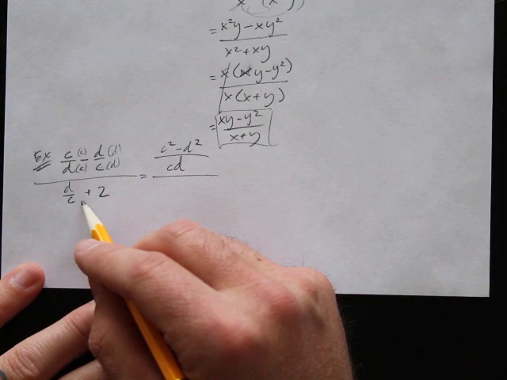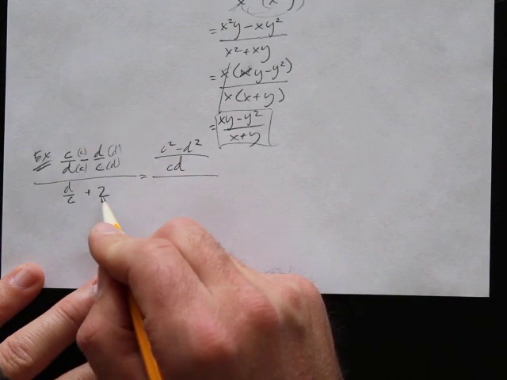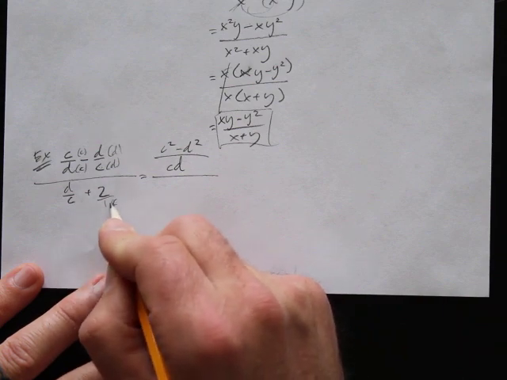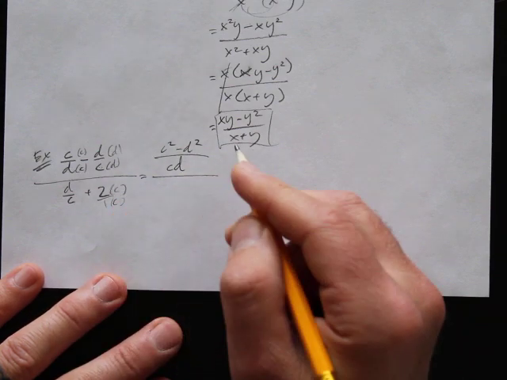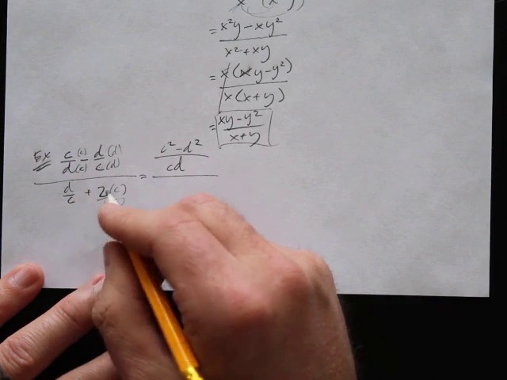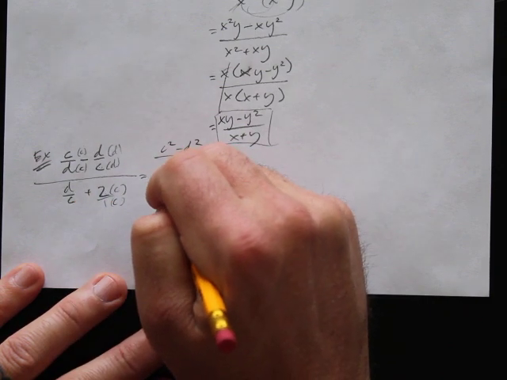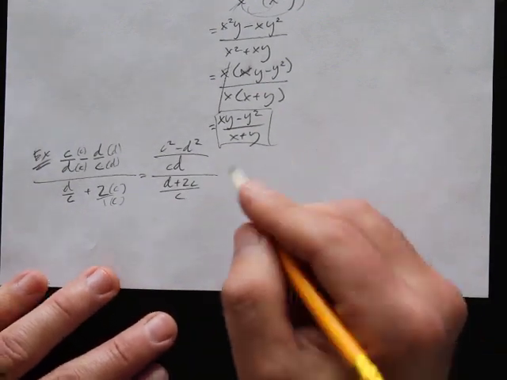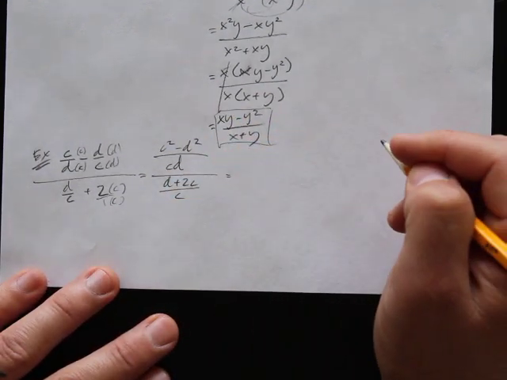For my denominator here, now notice this is 2, which is the same as 2 over 1. So I need a C for this denominator, I'm going to multiply the top and the bottom both by C. So now I've got D plus 2C all over C. I'm going to keep going to the right even though I'm not really supposed to.